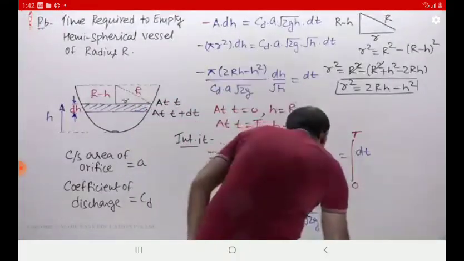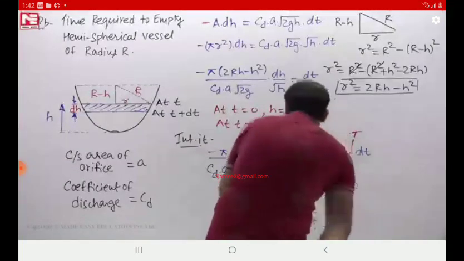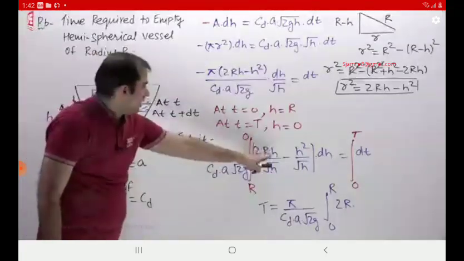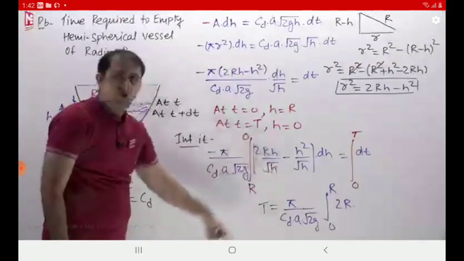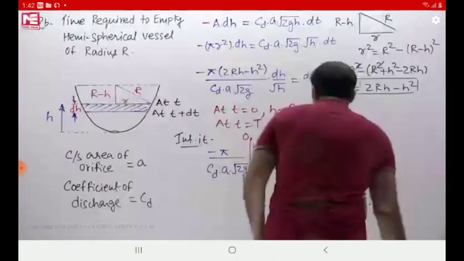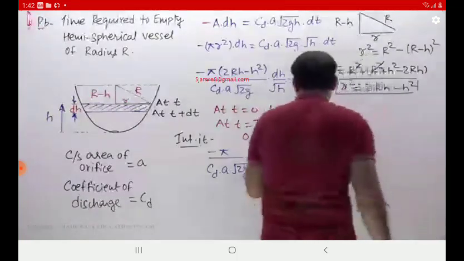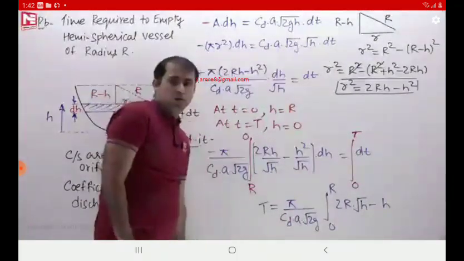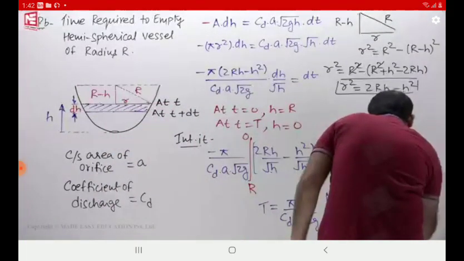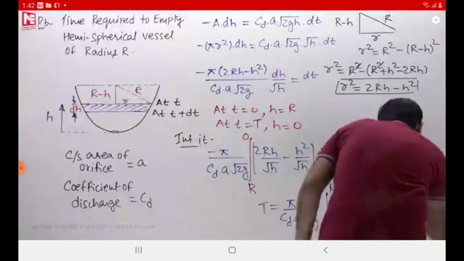The limit is going to change, this is 0 to r. 2r times h to the power, rh, so this becomes root h, minus this becomes h square. So this will become 3 by 2, multiplied by dh.